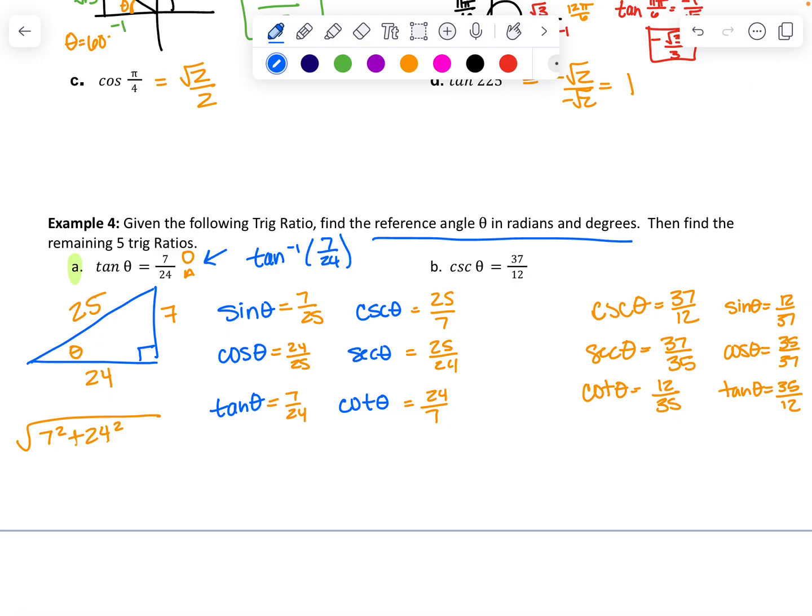So the inverse tangent of 7 over 24, make sure you find it in degrees, make sure you find it in radians, right? Make sense of your work. Like a radian measure should be between 0 and 6. A degree measure should probably be between 0 and 360. So making sense of those values.